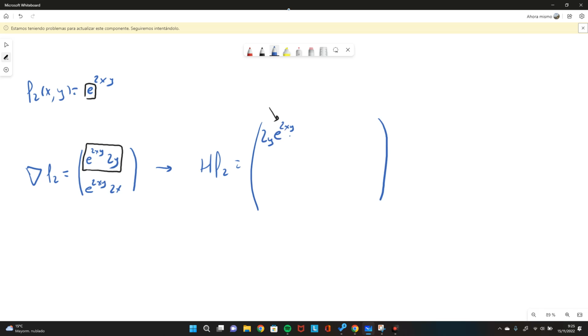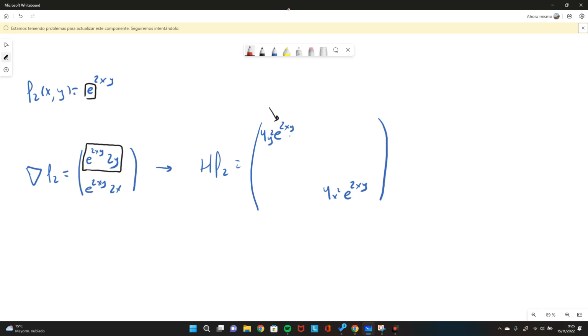Times 2y, right? Because it comes down again. And so instead of 2y, I'm gonna have 4y squared times e to the power of 2xy. And here I'm going to have this 4x squared times e to the power of 2xy.